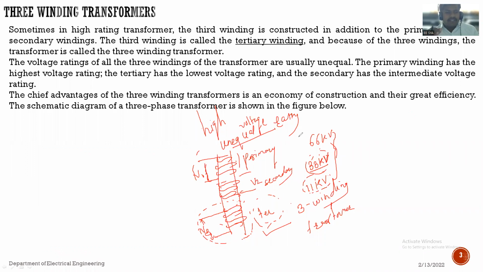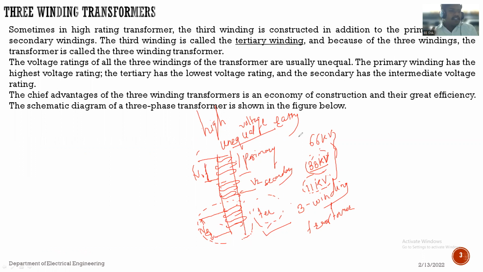The voltage of each winding is unequal, so the range can be decided: the primary winding has the highest voltage, the tertiary winding has the lowest voltage rating, and the secondary winding has an intermediate voltage rating between them.